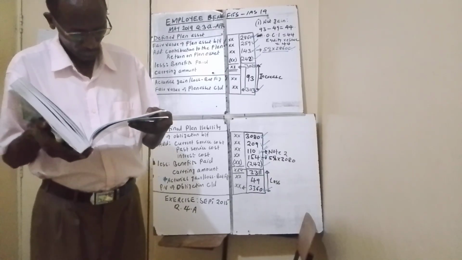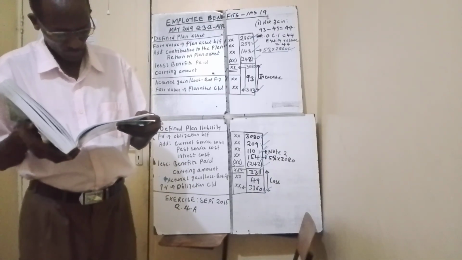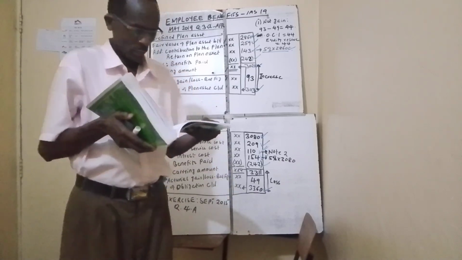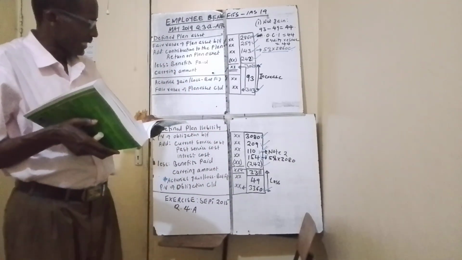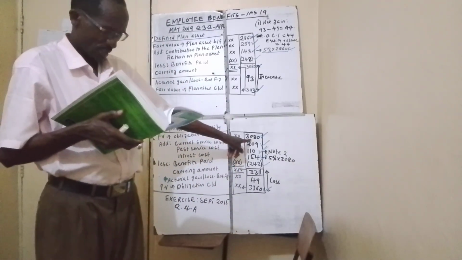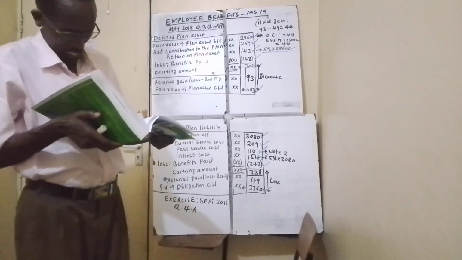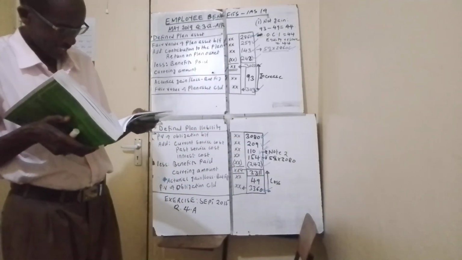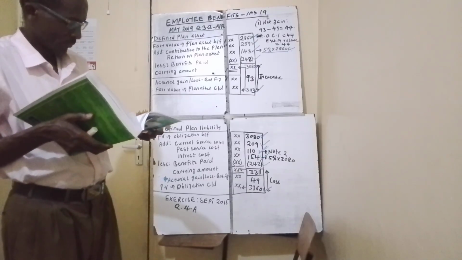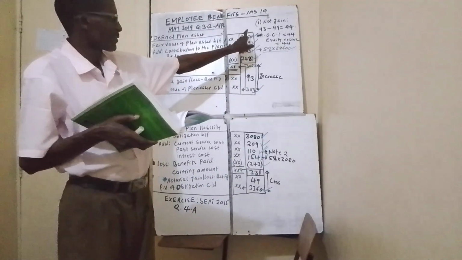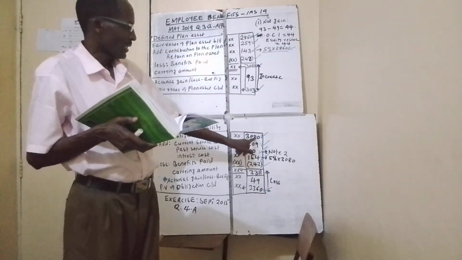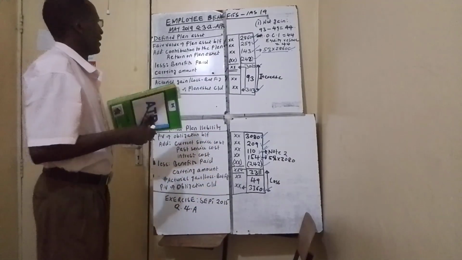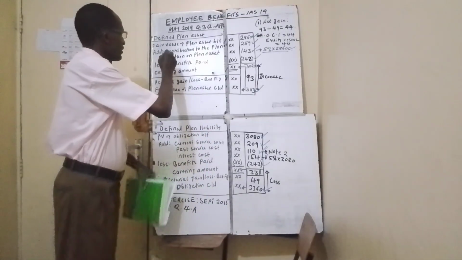The present value of the future benefit obligation as at 1st January 2018 was shillings 38, and the fair value of the plan assets as at the same date was shillings 2860. So this one is given and that one is given. The opening balances are given. Now all the other items are given.